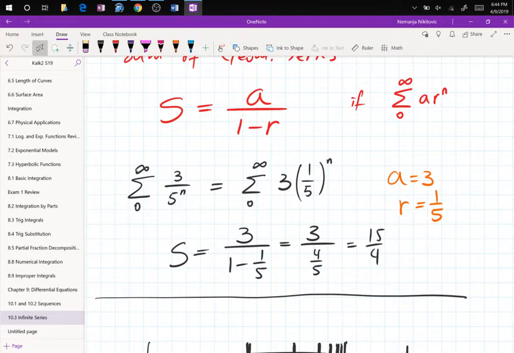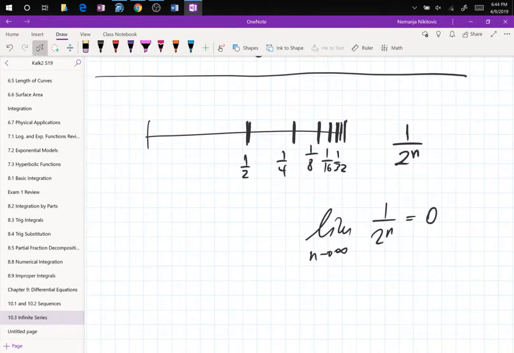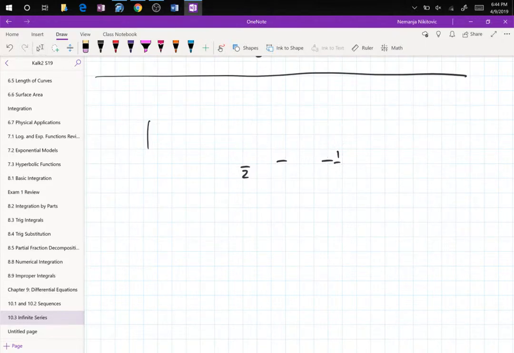Because we are able to actually calculate what all of these infinite amount of numbers is going to add to. So now we see that the basic problems are not an issue because you just look at what A is, you look at what R is, you just plug in the formula, you're done.